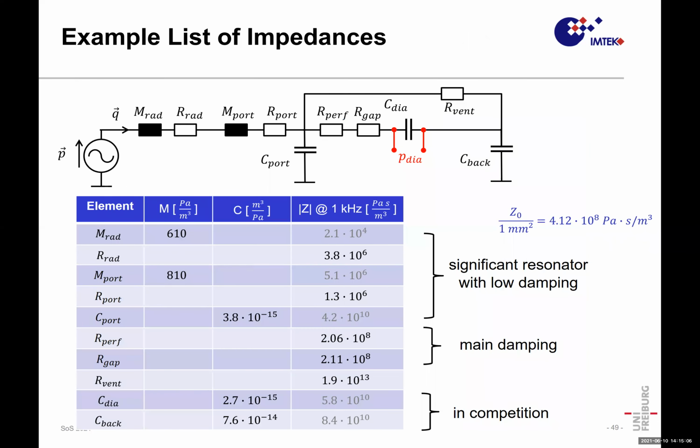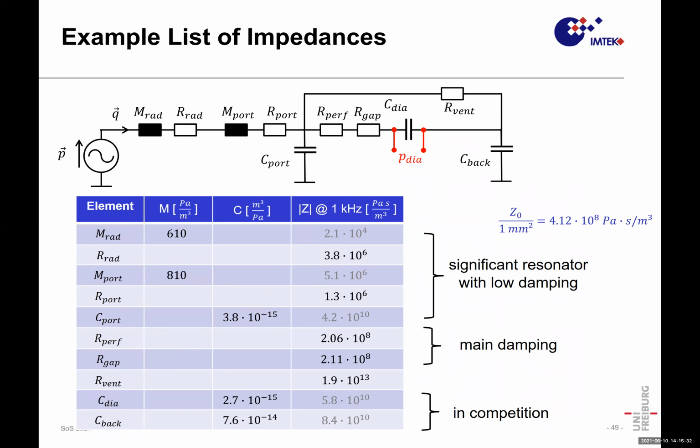And now we have the whole system basically seen in terms of impedances. I put here aside, if you have the specific impedance of air divided by 1 millimeter squared, we get 4 times 10 to the 8 Pascal second per meter cubed. So it is not so much different from the impedances that we see in our system.